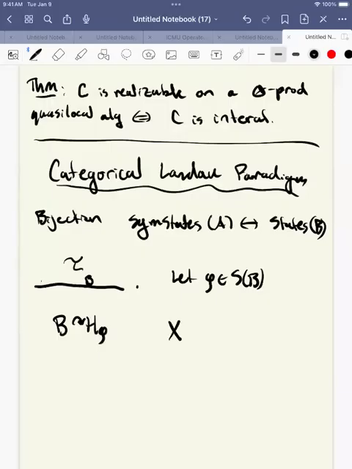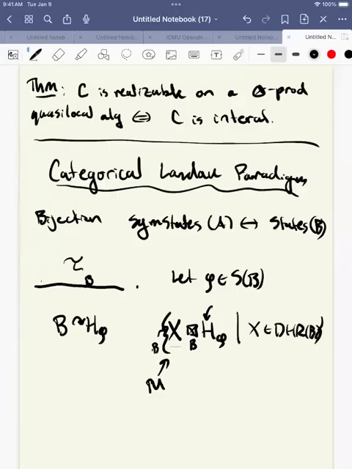You basically take your DHR bimodules and you tensor them on, so this Hilbert space is a left B module because B is acting by operators on here. X is a B-B bimodule, so when you do this tensor product, you get a new left B module. And so you can take this category of things where X ranges over DHR bimodules, and this is a module category for DHR.